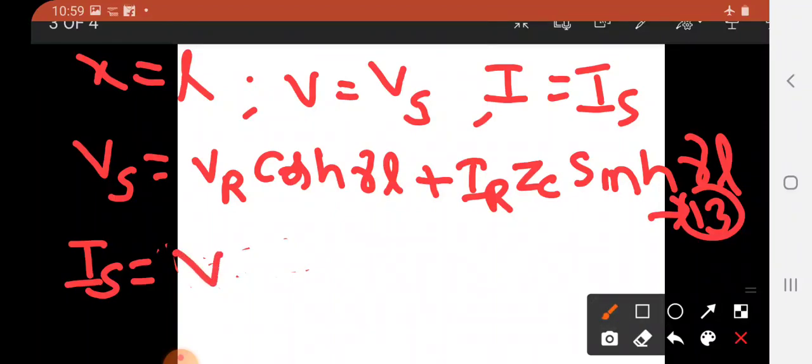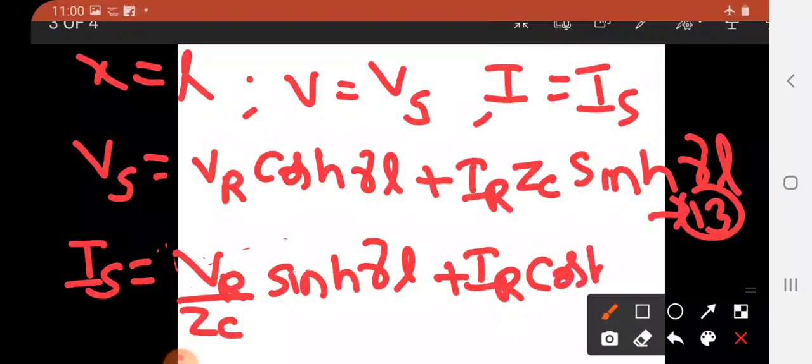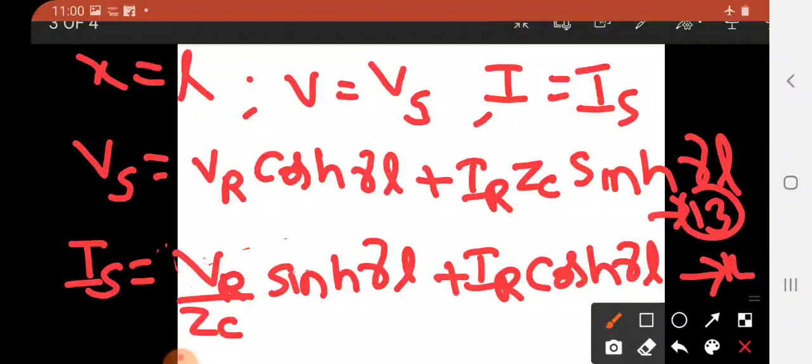It is VR by ZC sinh gamma L plus IR into cosh gamma L. This is equation 14.